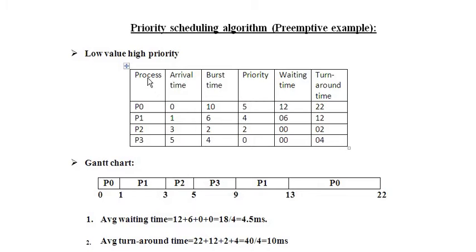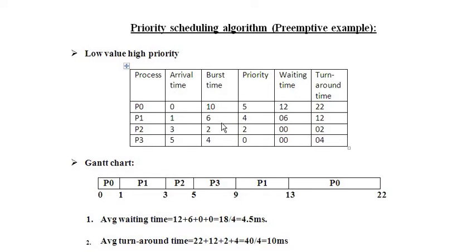So in this particular case we have 4 processes, P0, P1, P2, P3. Now here we can see the arrival times. The arrival time of P0 is 0 milliseconds, so it is given the CPU at 0 and starts its execution. When it comes to 1 millisecond, P1 has arrived.